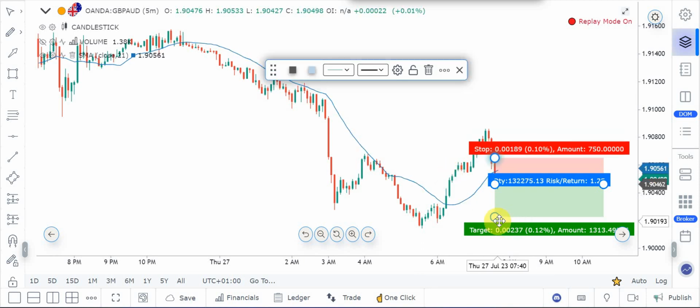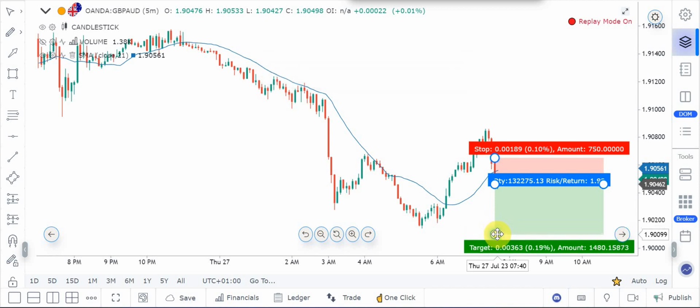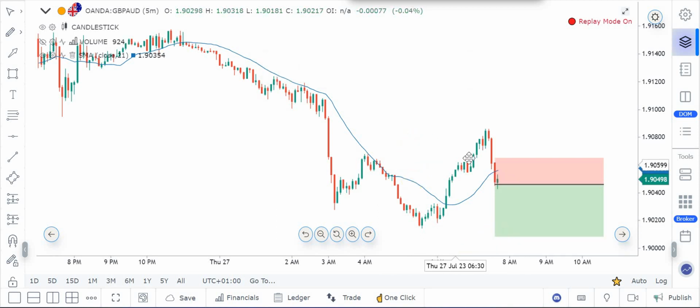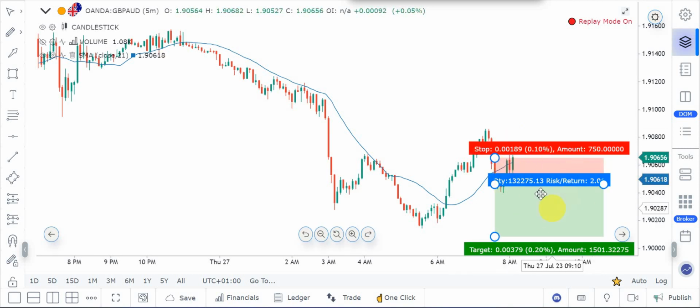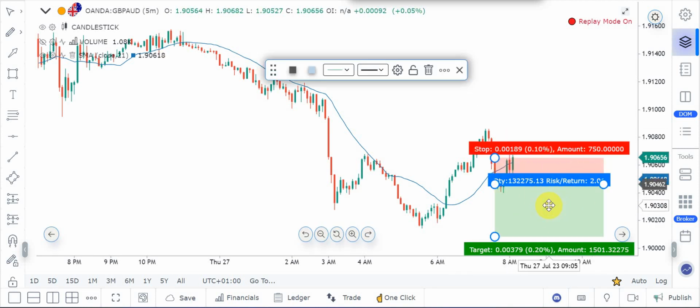I'll target 1 to 2, like this. Let's see if this was a profitable one. Okay, so we lost this, so this was a losing trade, right?